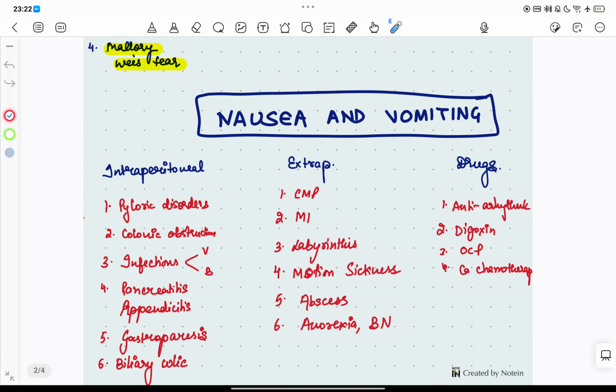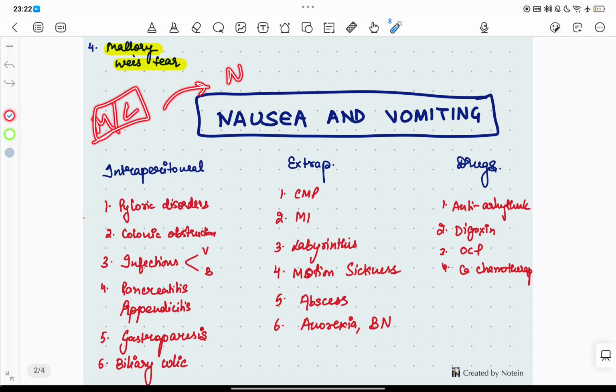Now let's go to nausea and vomiting. You should be able to define nausea. It is a subjective feeling to vomit, while vomiting is the expulsion of gastric contents due to thoracoabdominal wall contractions. Now what is the mechanism? Mechanism is also asked in viva.